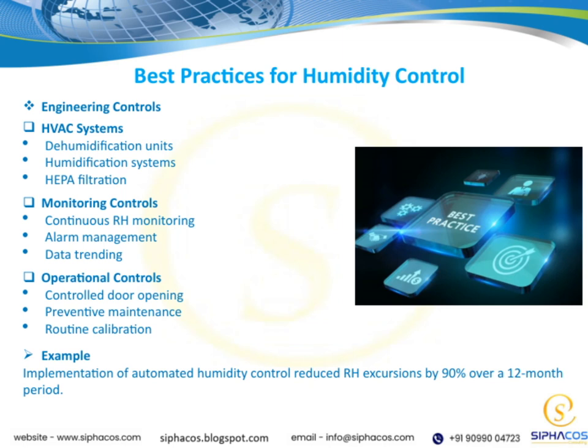Monitoring controls involve continuous relative humidity tracking, alarm systems, and data trending to catch issues early. Operational controls cover things like controlled door openings, preventive maintenance, and routine calibration. Together, these strategies can make a huge difference, like reducing humidity excursions by 90% over a year with automated control.